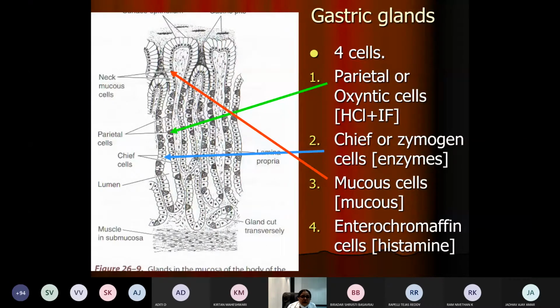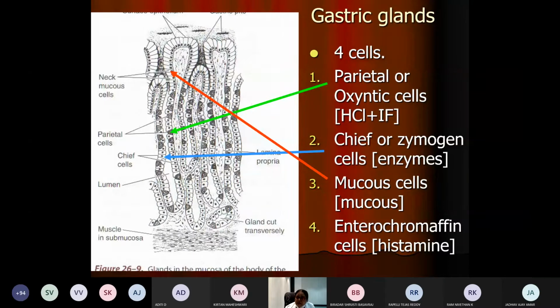It is a diagram showing glands in the mucosa of the body of the stomach. You can see this diagram. Gastric glands have 4 cells. Parietal or oxyntic cells, that is HCl plus intrinsic factor. Chief or zymogen cells, enzymes.